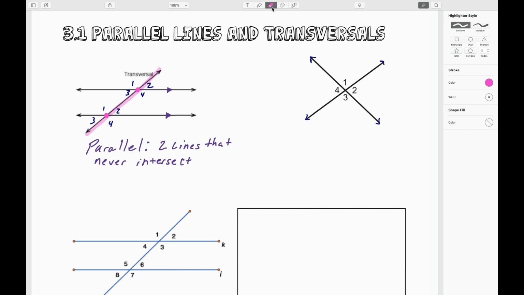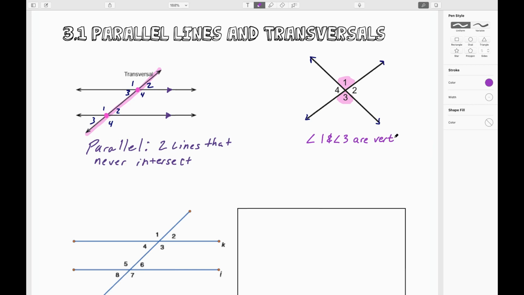One of the angles that we know is we learned about vertical angles. When we have two lines that cross, two lines that cross form four angles. The angles across from each other are called vertical angles. So in this case, angle 1 and angle 3 are vertical angles.